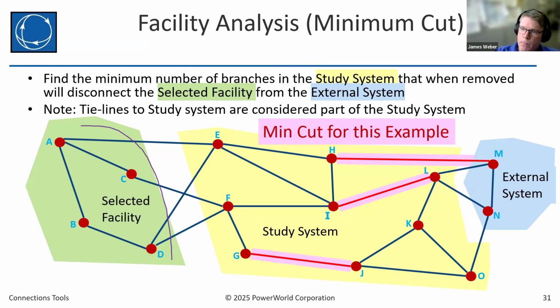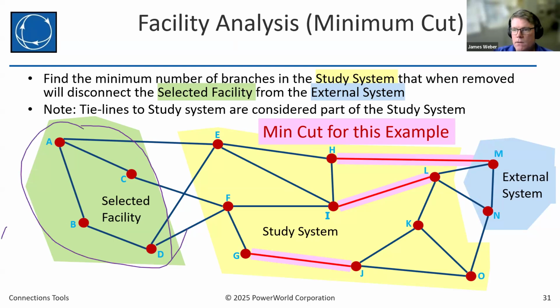We're going to choose a bunch of other buses and assign them to the external system. All of the other buses that are not in the external system and are also not selected are what we call the study system. What the minimum cut calculation is going to do is figure out the minimum number of branches that can be removed from the system so that they would isolate the facility from the external system.